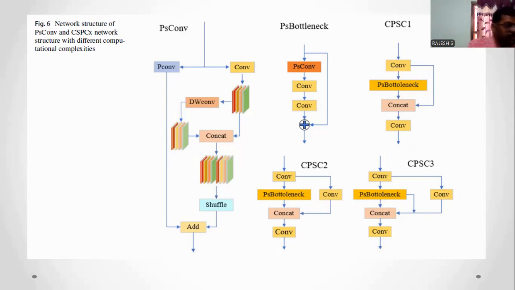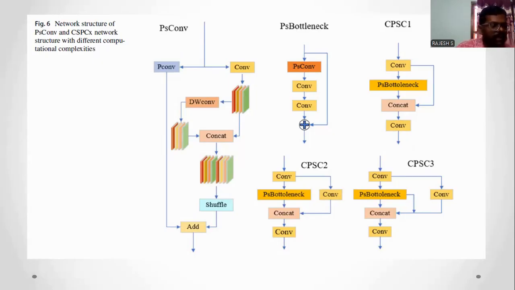See here, convolution is nothing but normal convolution. This one is partial convolution and this one is normal convolution. Next one is DW convolution, nothing but depth-wise convolution.